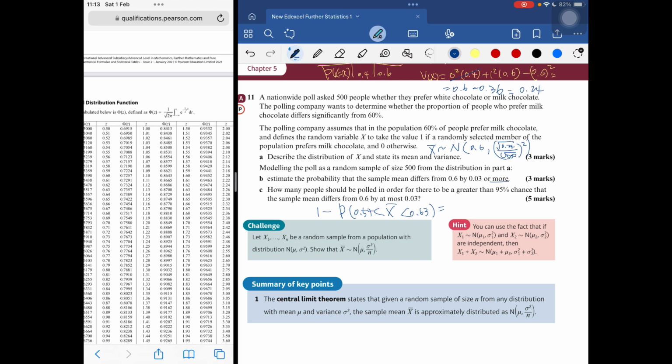So actually it's smaller than 0.57 or larger than 0.63. So I subtract it from 1, then 0.1709. So this is the answer to B.